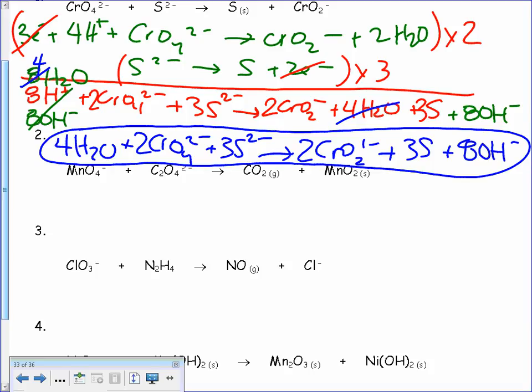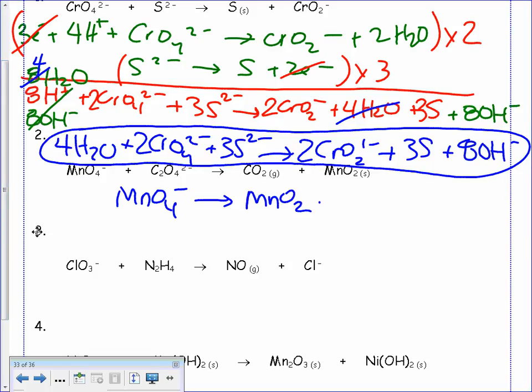I'm going to do another one. So, half reaction, permanganate. Actually, I'll just write it over here. Permanganate, 1 minus goes to MnO2, solid, okay? What do we do? 2 H2Os. Sorry, I have to give myself more space.